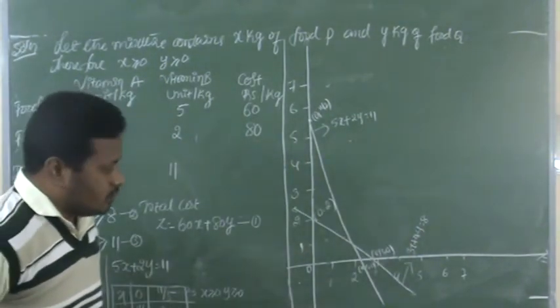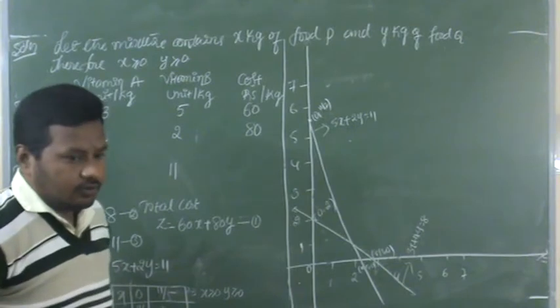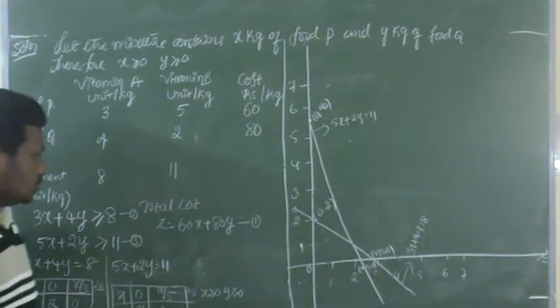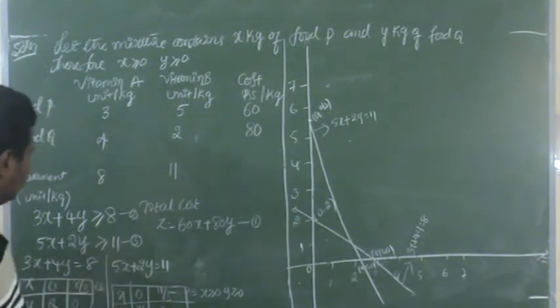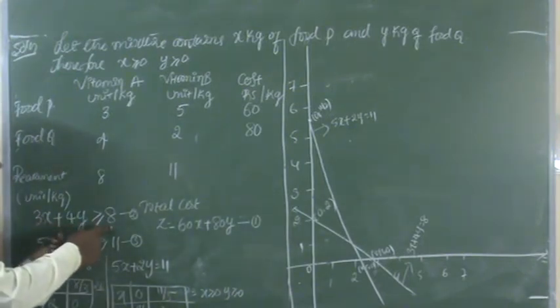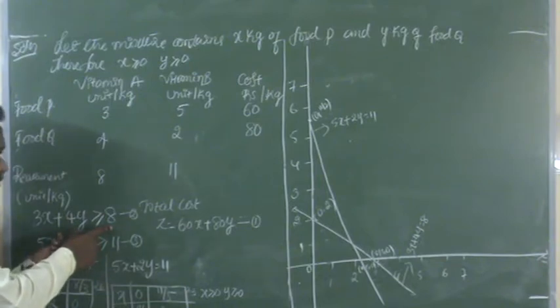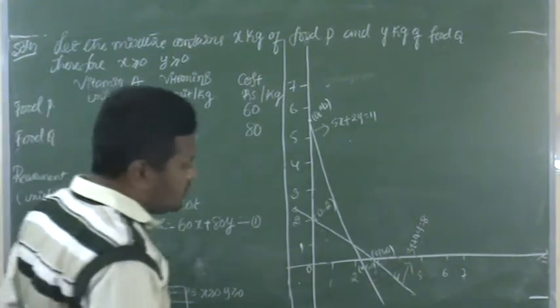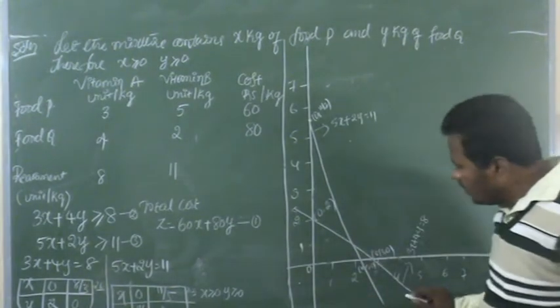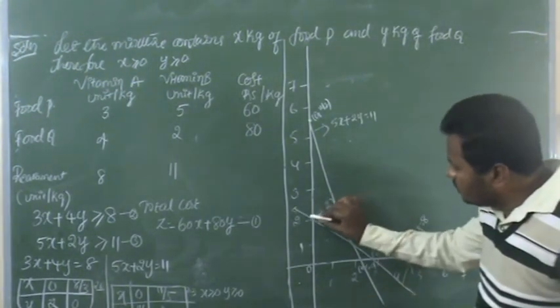Now we have to find the feasible solution. For the first equation, 0 plus 0 which is greater than or equals to 8, so it is a false statement. Therefore for the first equation, the shaded part is above the origin.